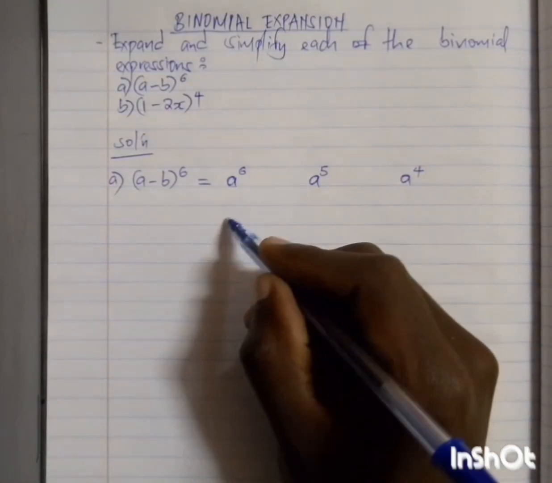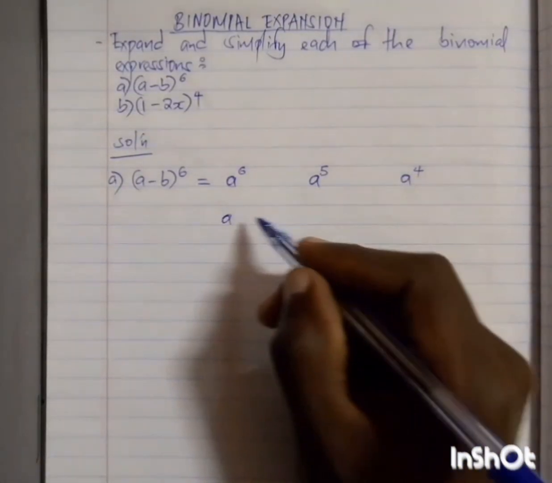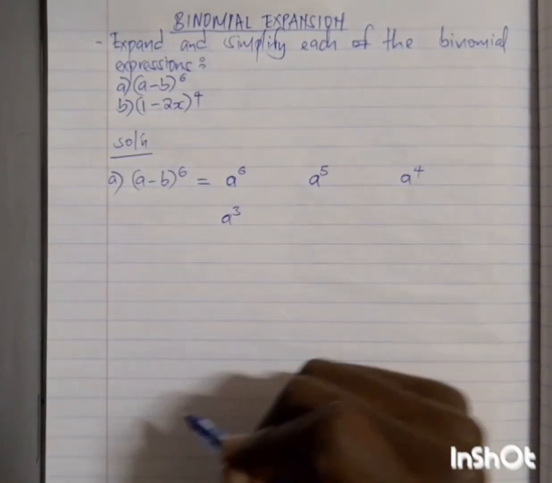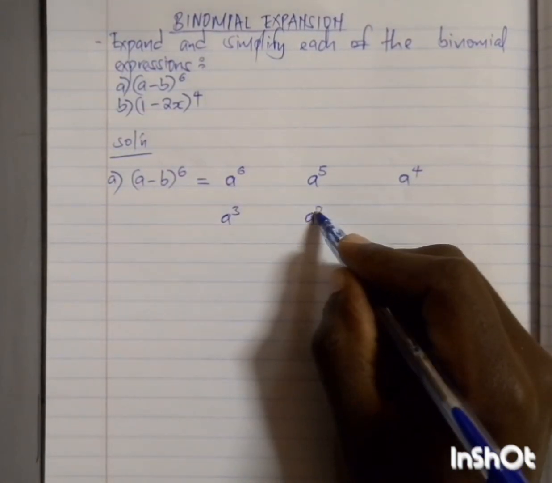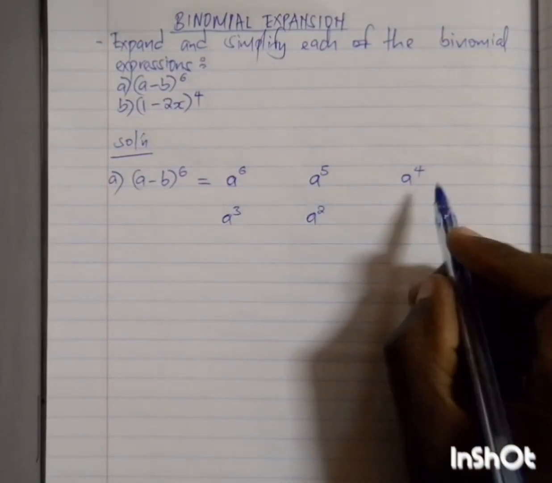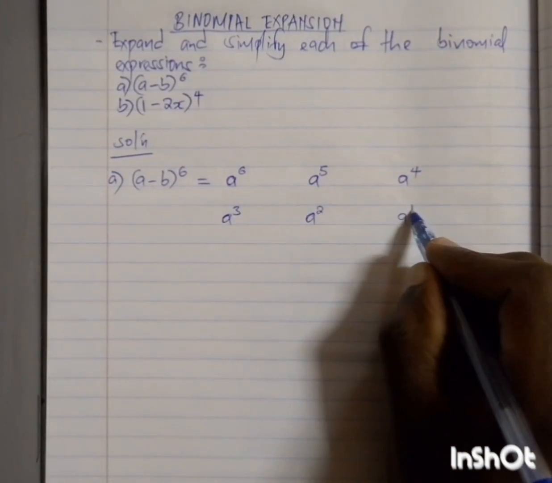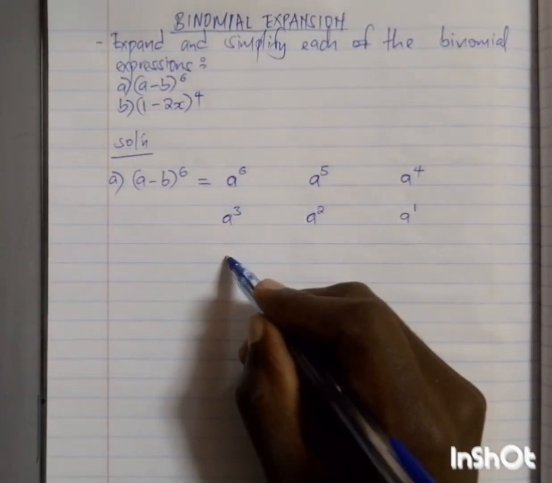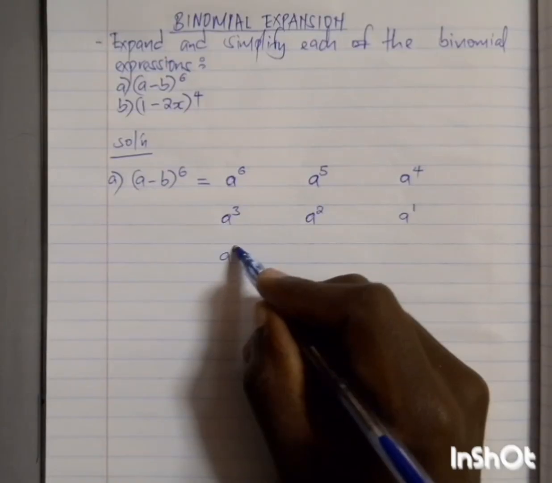And then you continue. 4 minus 1 gives us 3, so the power is 3 there. Then 3 minus 1 is 2. Then 2 minus 1 gives us 1. And finally 1 minus 1 gives us 0.